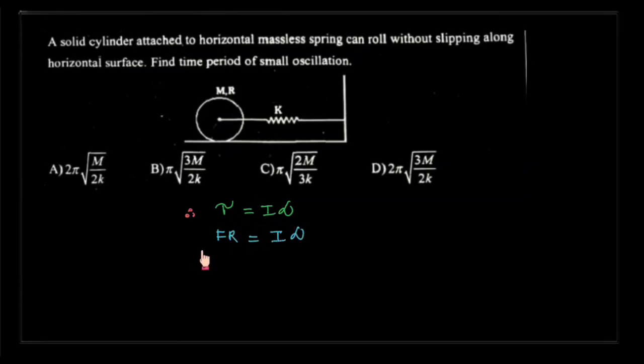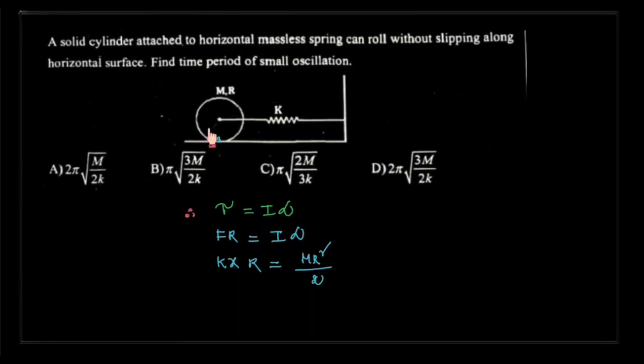And this F is the spring force, K into X, so K into X into R will be equal to I into alpha. Since it is a solid cylinder, the formula is mr square by 2, right?